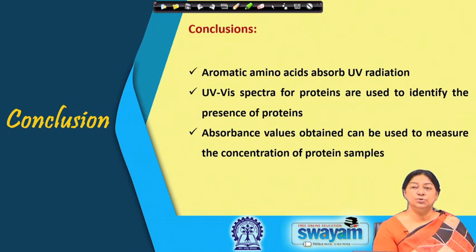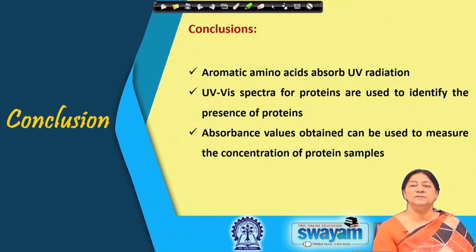It is also used to determine structural changes, interactions with ligands, as well as most commonly the concentration of protein samples using Lambert-Beer's law, which is absorbance is equal to epsilon Cl, with a knowledge of the epsilon value, the molar absorption coefficient, a knowledge of the path length, which is usually 1 centimeter, and once we determine the absorbance from the UV machine, we can find out the concentration of the protein involved.